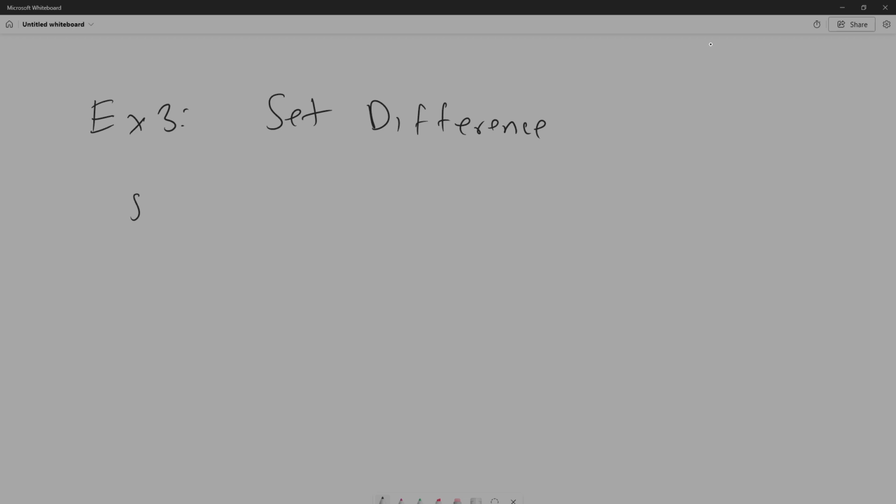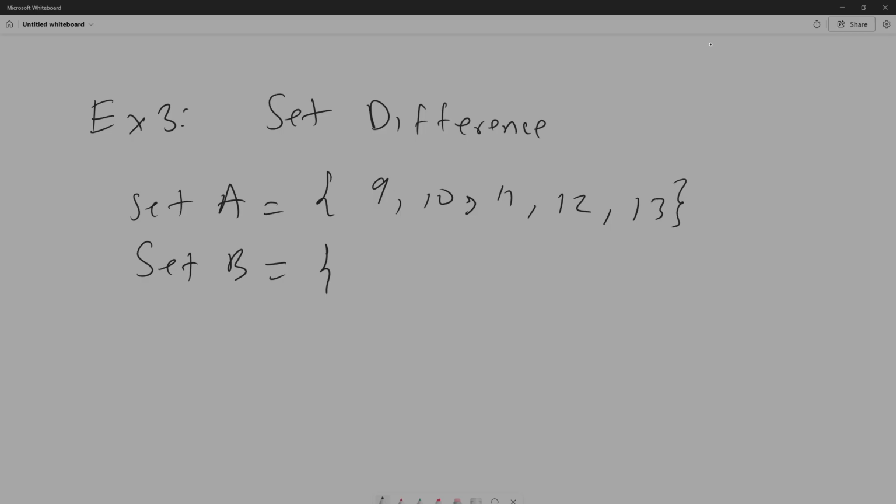Okay, so set A and set B. That's what we're given. So we call it A and B. Okay, so A is gonna be equal to 9, 10, 11, 12, and 13. And set B is gonna be equal to 11, 12, 13, 14, and 15.